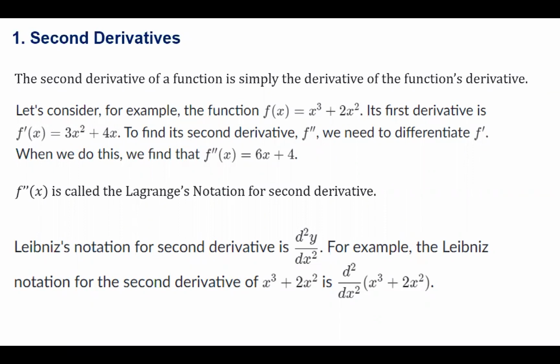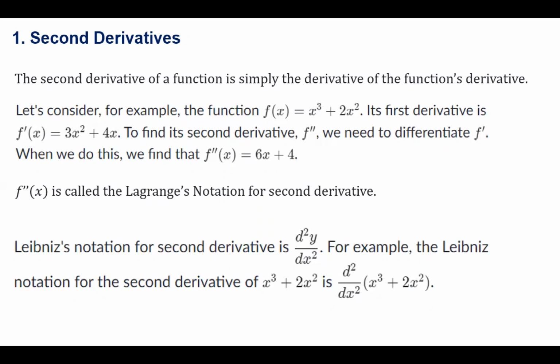So f double prime(x) is called the Lagrange notation for the second derivative. Note that we have a second type of notation, which is called Leibniz notation, right? So Leibniz notation for second derivatives is d squared y by dx squared.